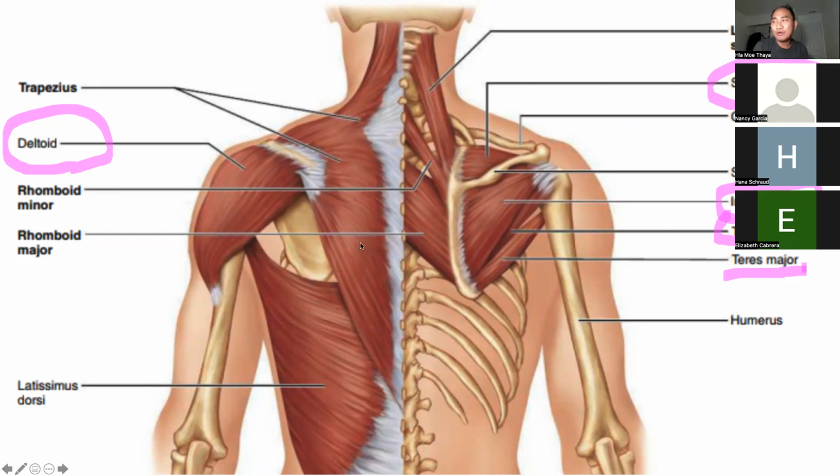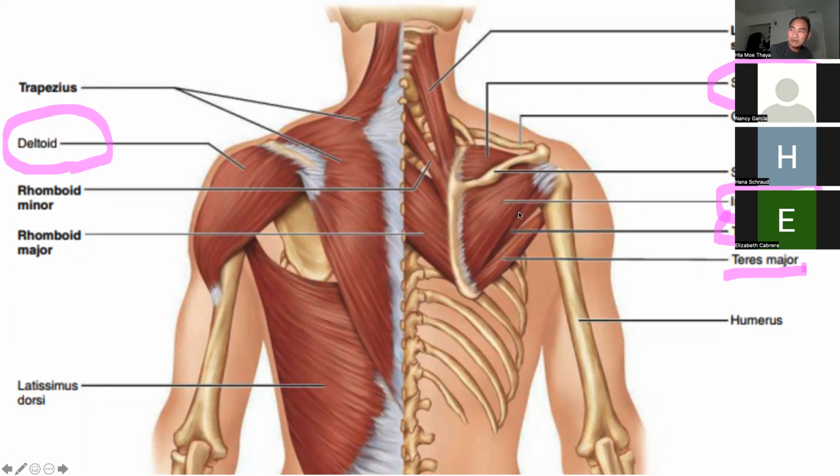If I remove the trapezius muscle, I will see these muscles here. This is the posterior surface of the scapula. In the supraspinous fossa, we have the supraspinatus muscle. In the infraspinous fossa, we have the infraspinatus muscle here. And this is the spine of the scapula.